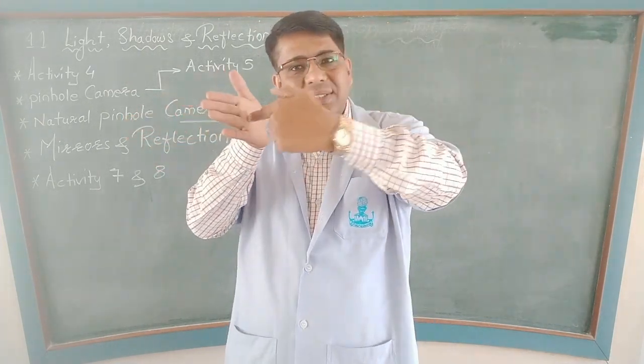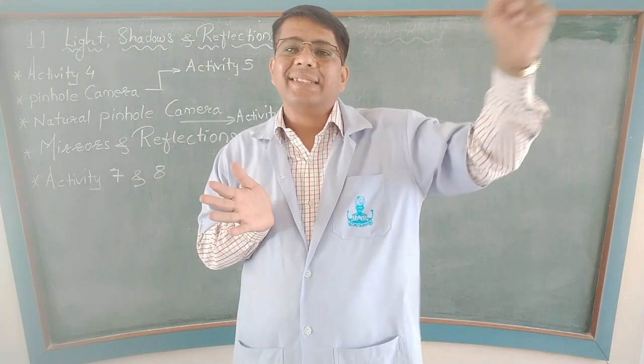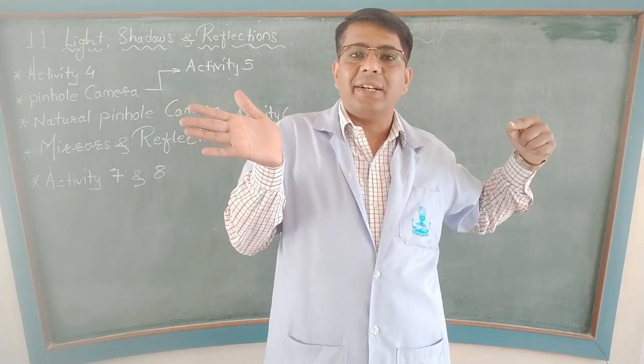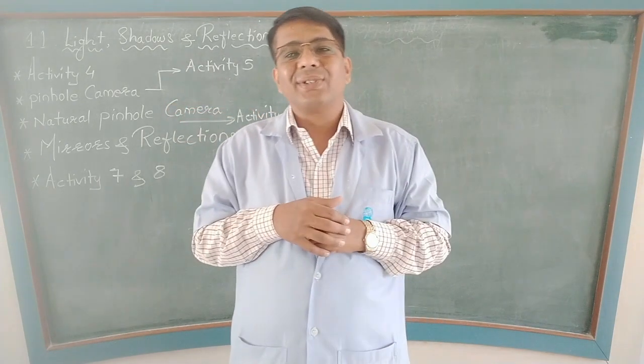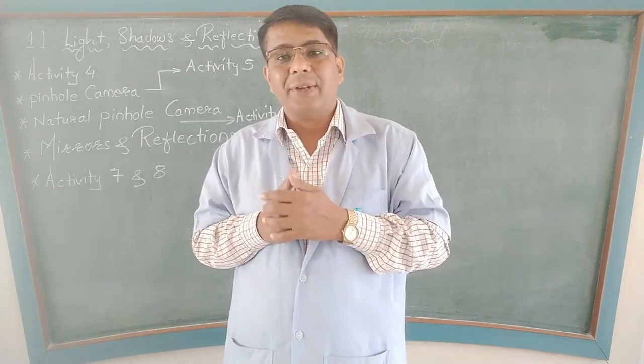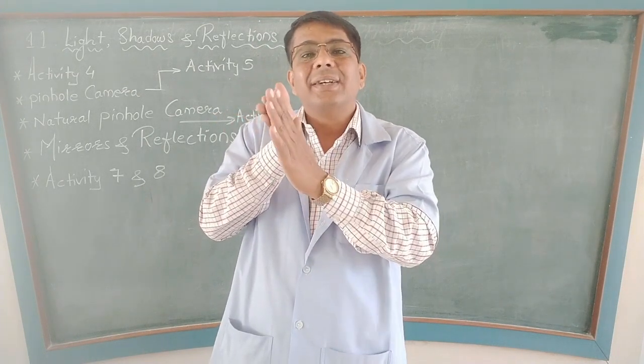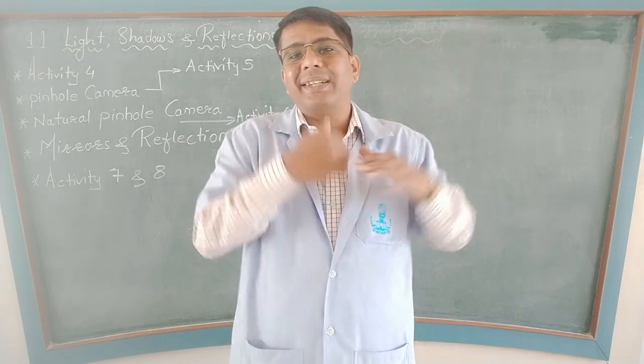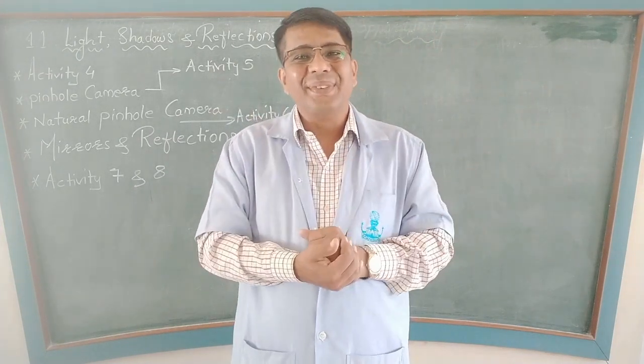So the ray of light which is incident on the mirror is called the incident ray, and the ray which is reflected back in the same medium is called the reflected ray, and the mirror acts as the reflecting medium. The medium in which this phenomenon takes place is the air medium.